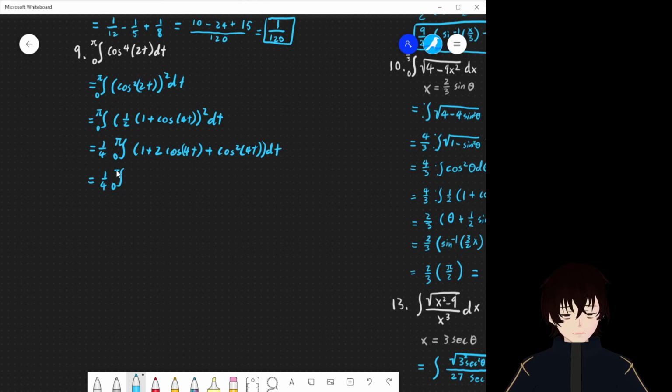We want the integral from 0 to pi of 1 plus 2 cosine of 4t, not theta, plus 1/2 of 1 plus cosine of 8t.